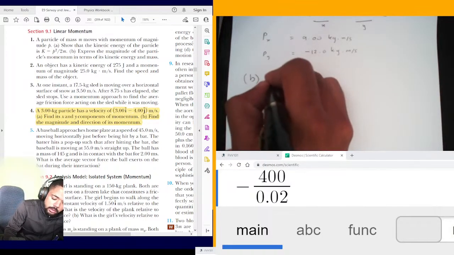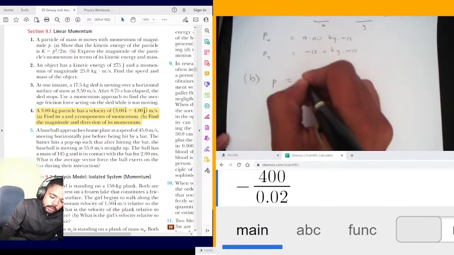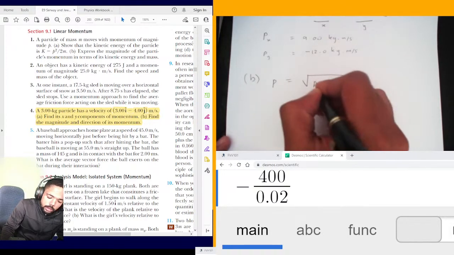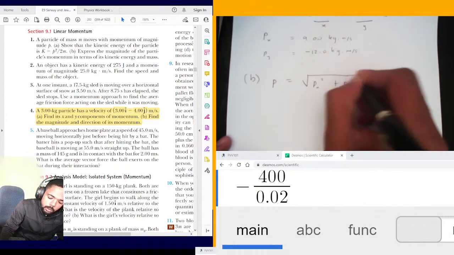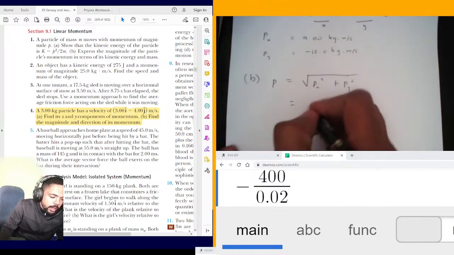Momentum is a vector, and to find the net of a vector which has a horizontal and a vertical component, we take the horizontal component, square it, take the vertical component, square it, and find the square root of that answer. That will give you the magnitude of this vector.